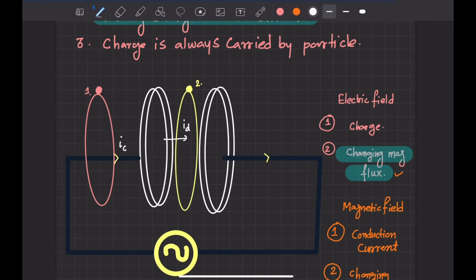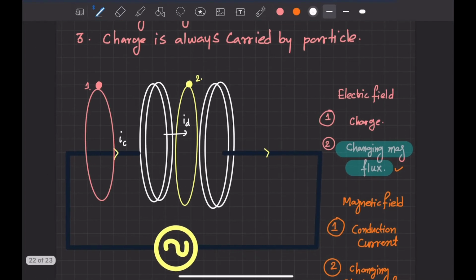Now at every place the total current is the sum of conduction current and displacement current. For example, if we look here, one point is here at A, one point is at B, another point is at C, and another point is here at D.